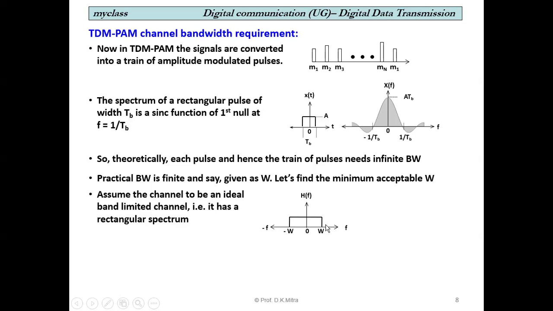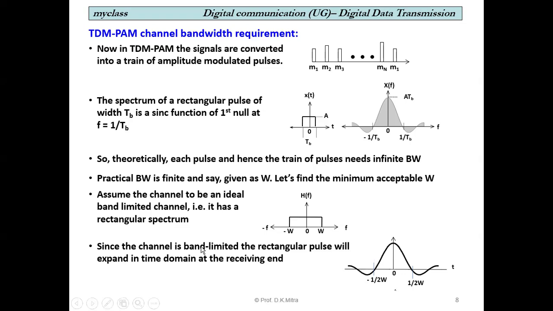Let us say your channel is the ideal band limited channel. In that case, whenever the channel is band limited, a rectangular pulse will expand in time domain at the receiving end.